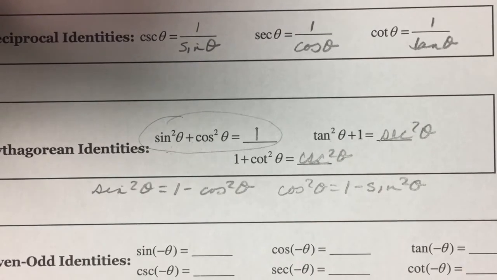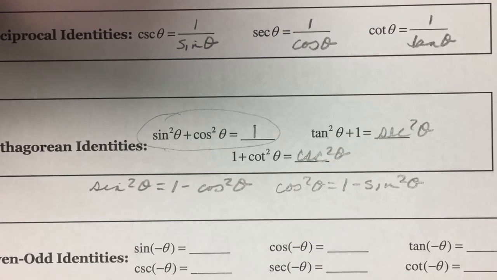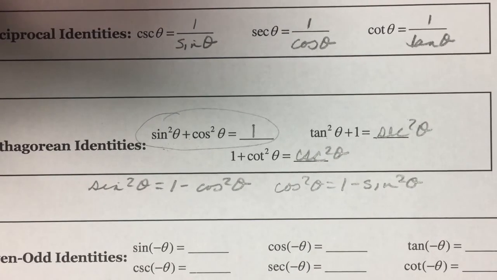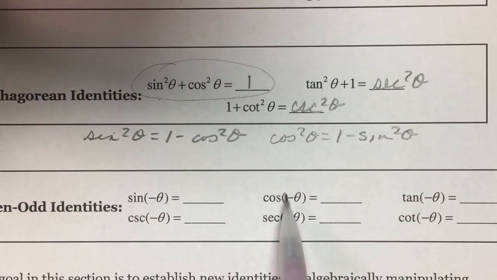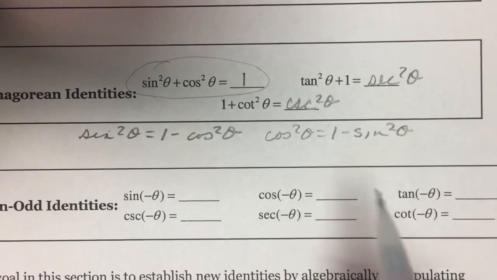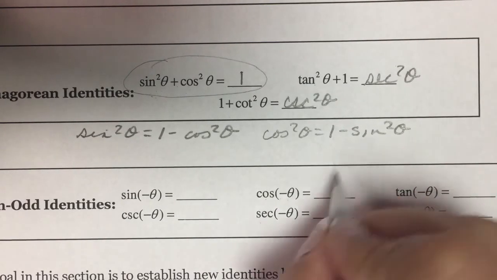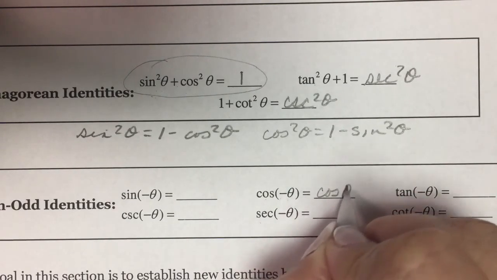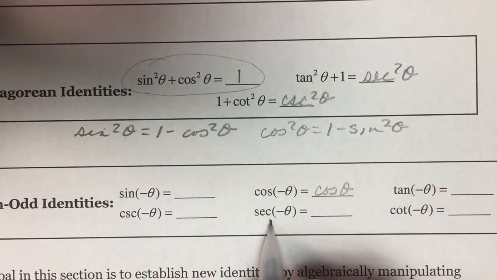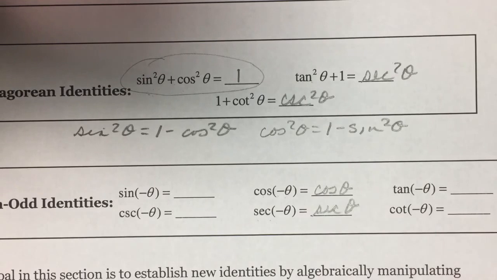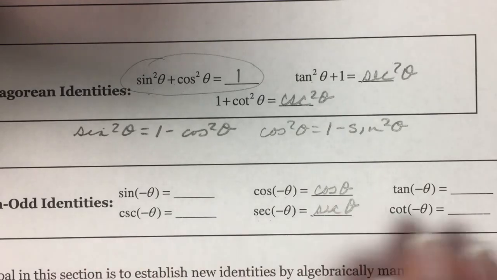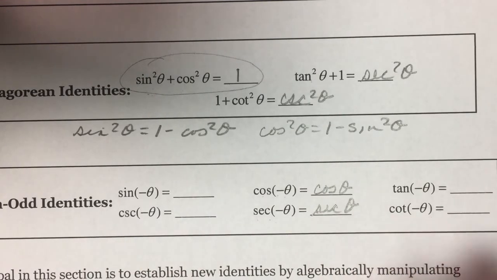We've talked about even versus odd. Remember, the only even trig functions are cosine and secant. It means the cosine of negative theta is the same thing as the cosine of theta. Same thing with secant of negative theta, which is the same as secant theta, whereas sine and tangent are odd functions.